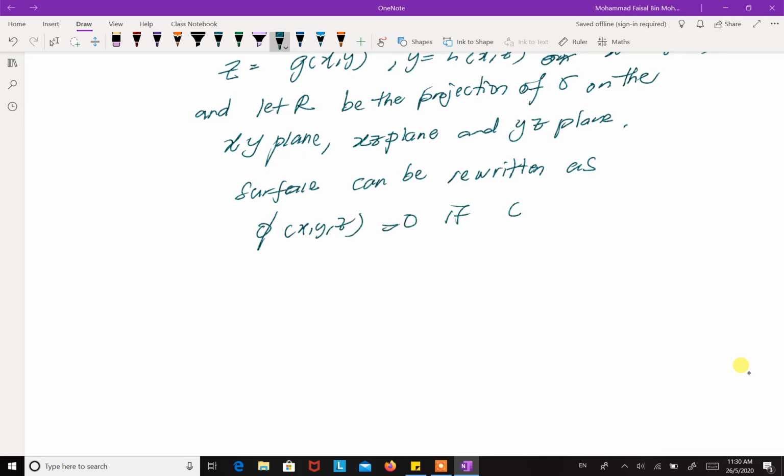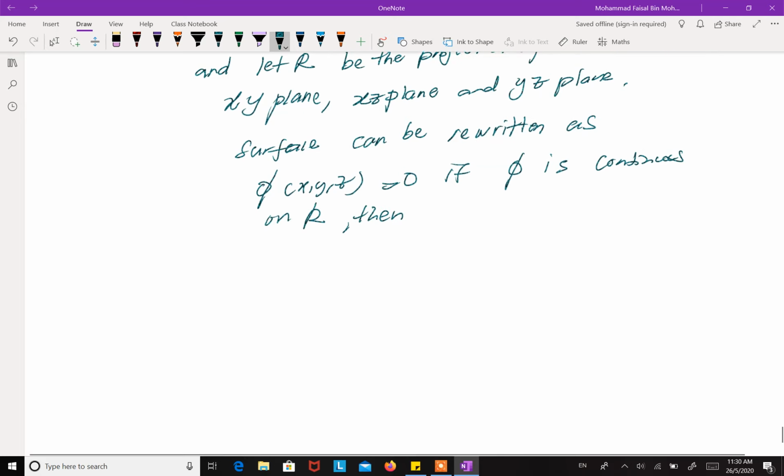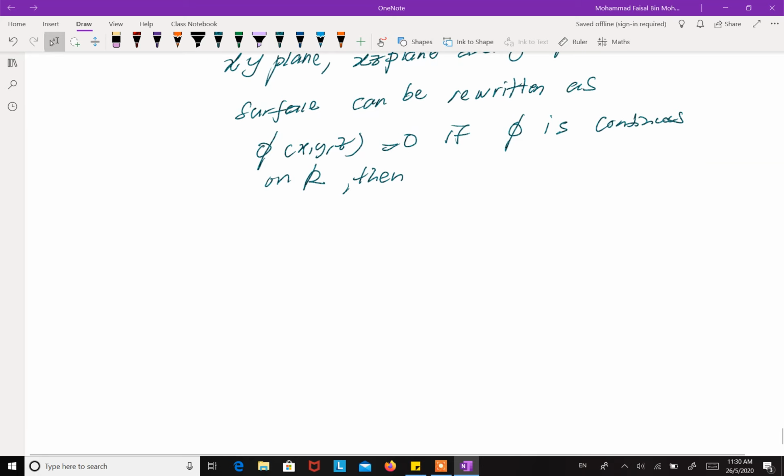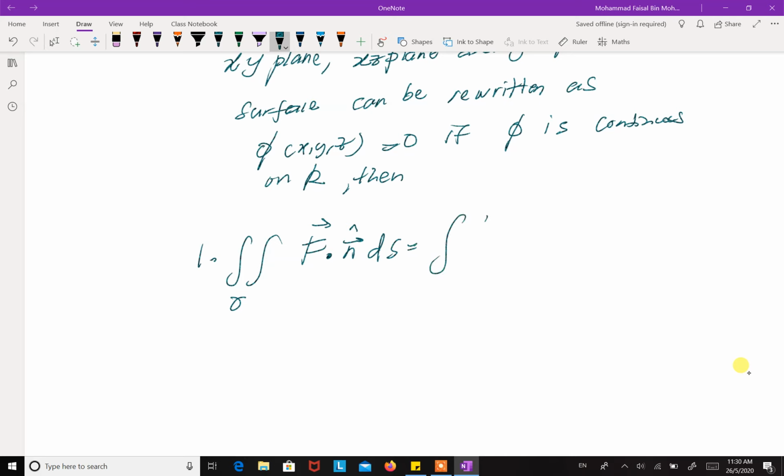If phi is continuous on R, then number one, the integration of F dot n cap dS equals the integration of F dot the gradient phi dA. Okay.